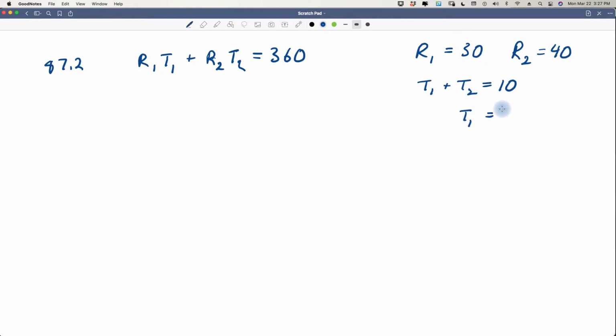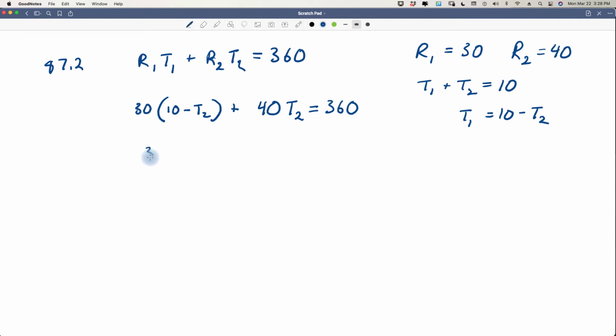T1 equals 10 minus T2, right? So let's go ahead and rewrite this. So R1 is 30 times T1, which is 10 minus T2, plus R2, which is 40 times T2, and that equals 360.